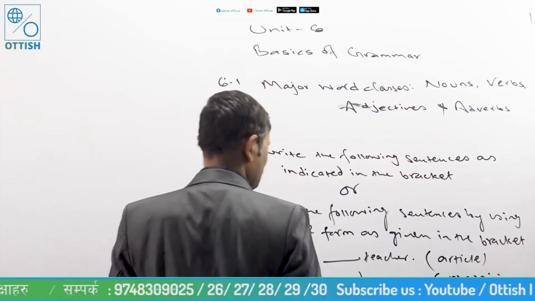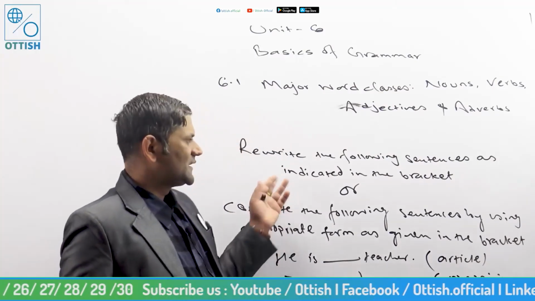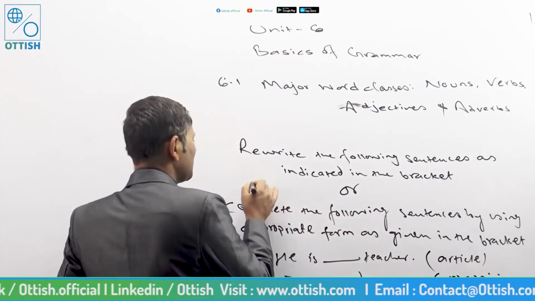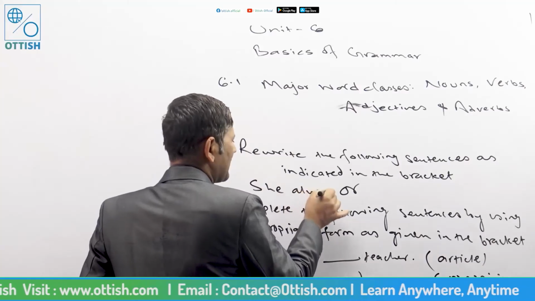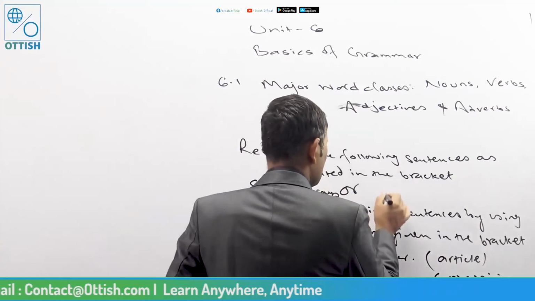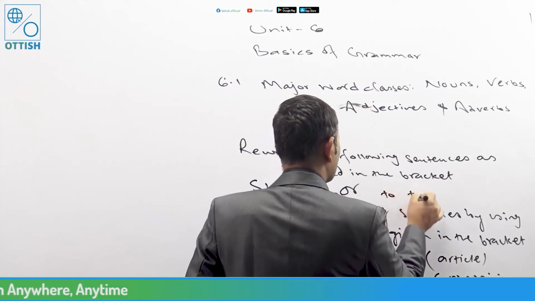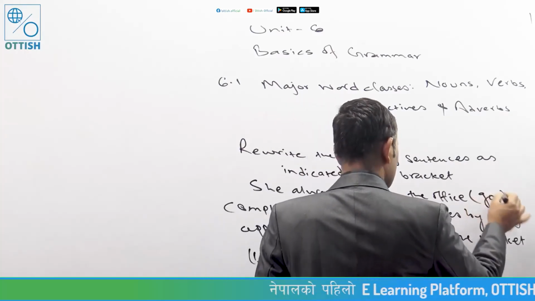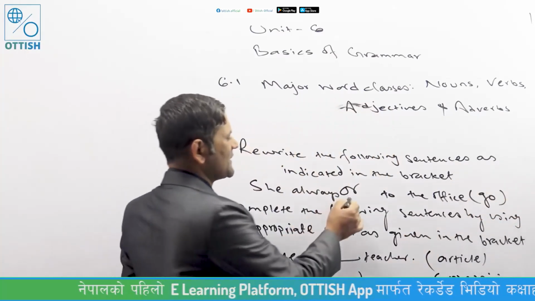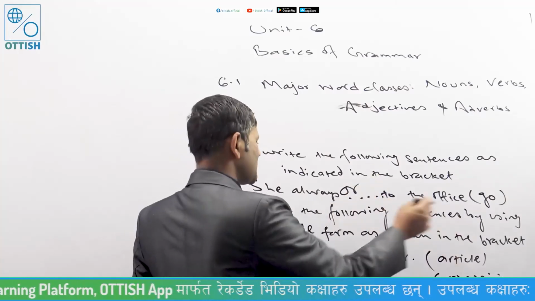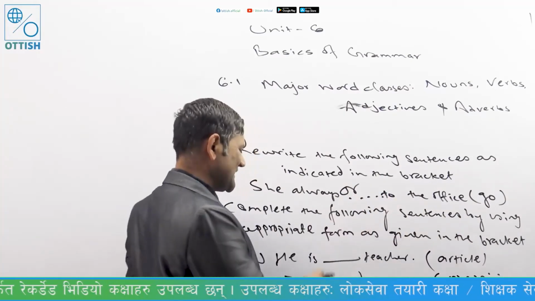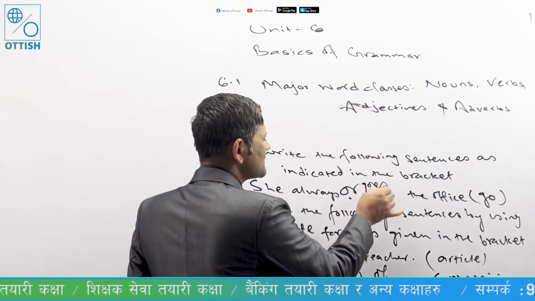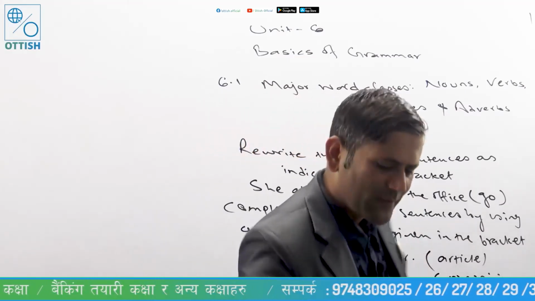Similarly, you may be asked: 'She always to the office', and you need to write the appropriate form of the verb here, go. Then you write, 'She always goes to the office.' The nature of the question will be like this.